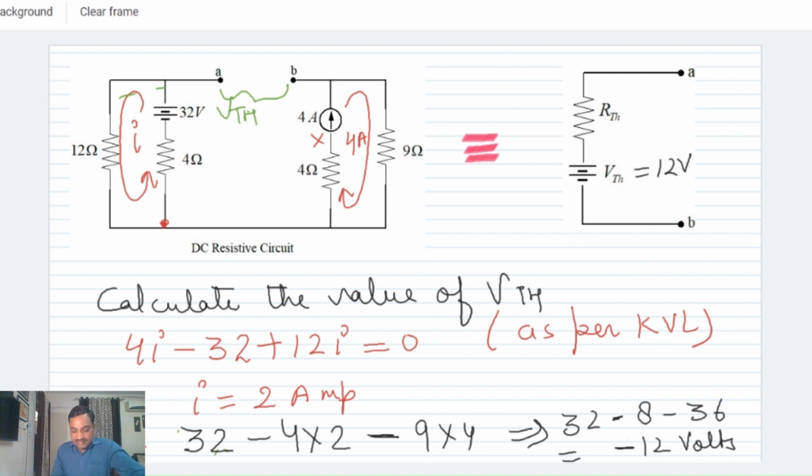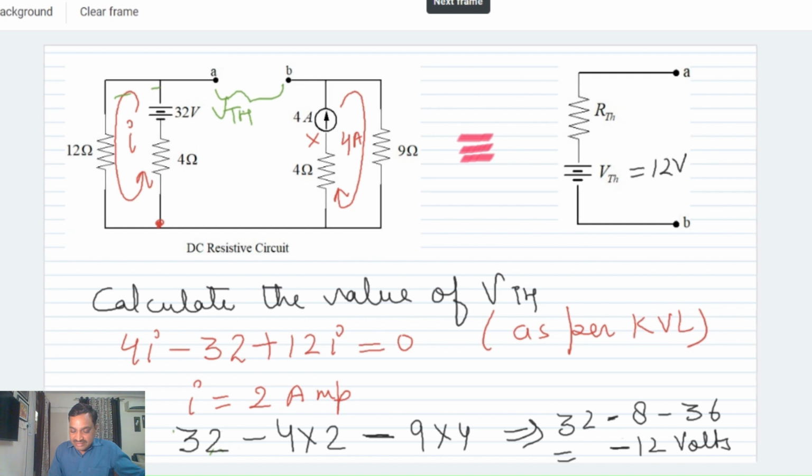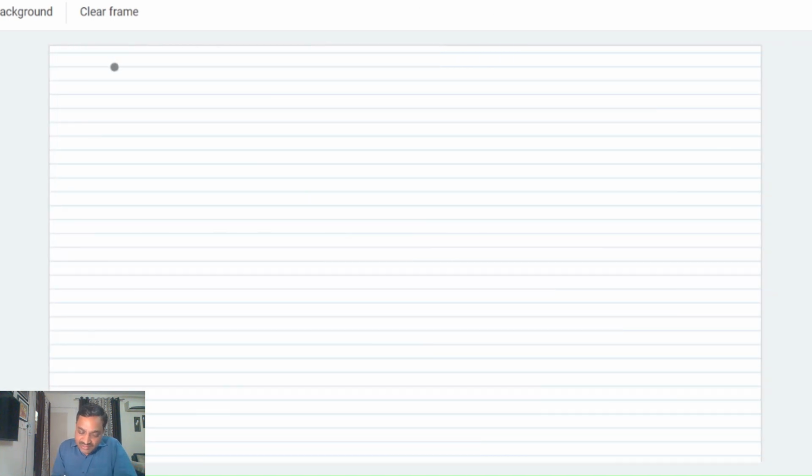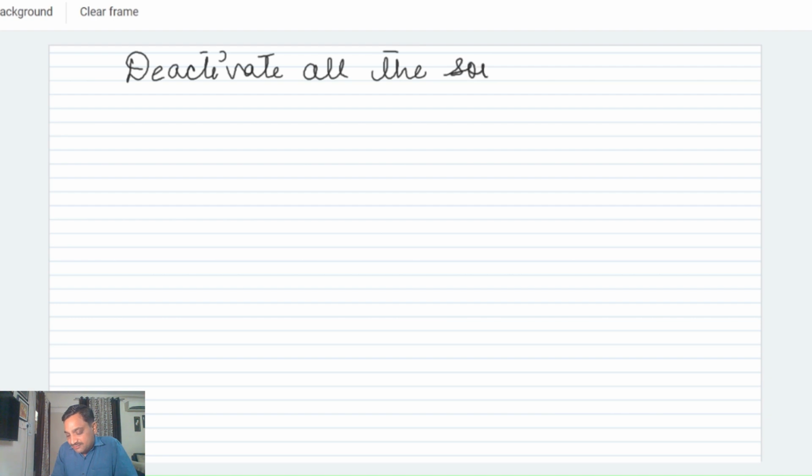When we determine the value of RTH, we must understand that first we have to deactivate all the sources of the network.